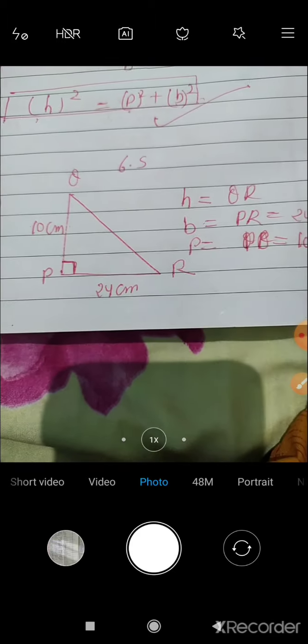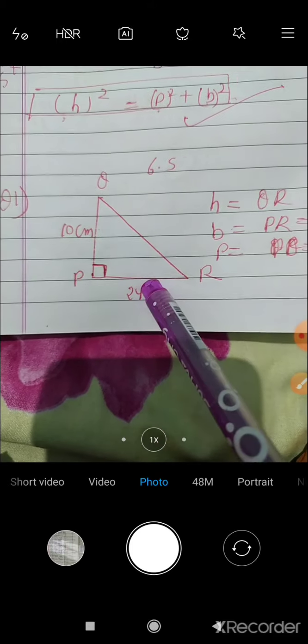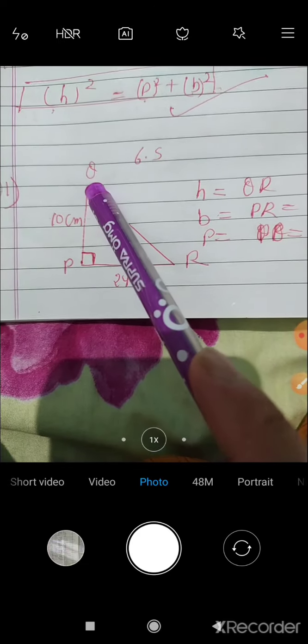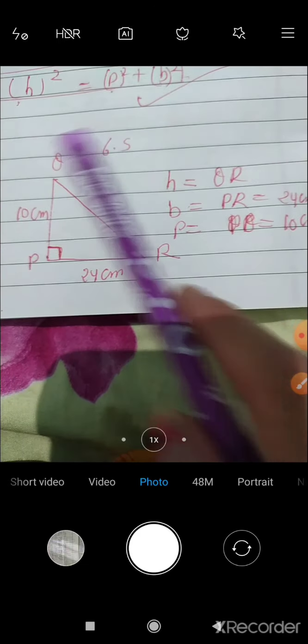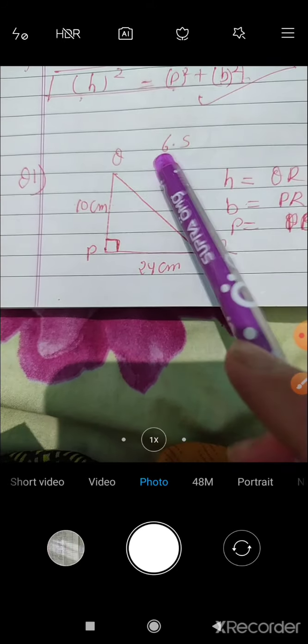The first question of this exercise is: PQR is a triangle which is right angled at P and the measurements of the sides PR and PQ are 24 cm and 10 cm respectively. Find the value of QR. First of all, we draw a triangle with the help of the given information.